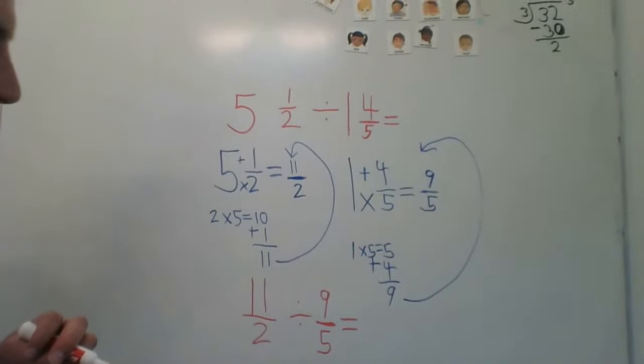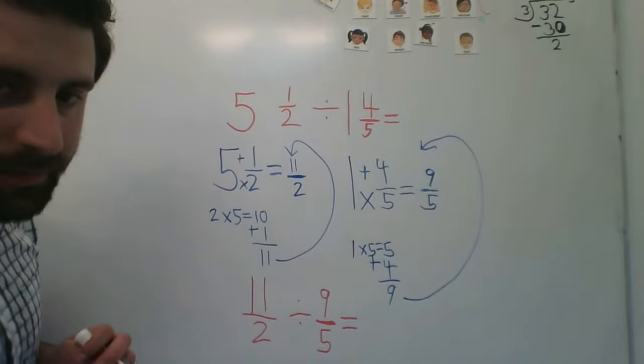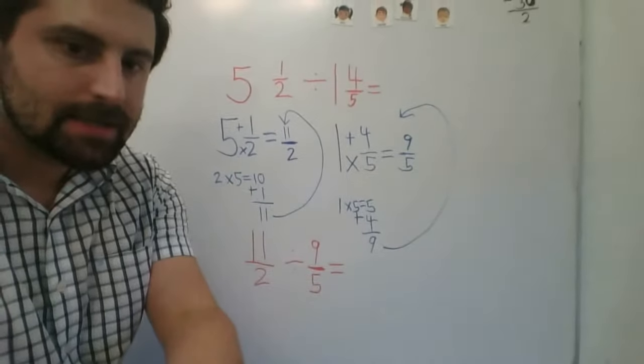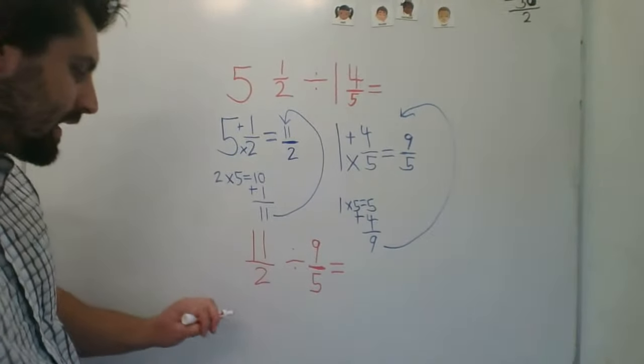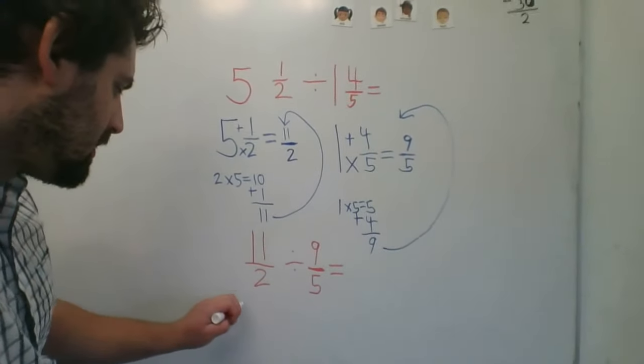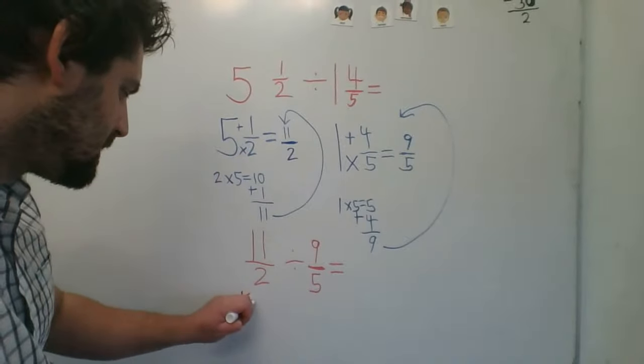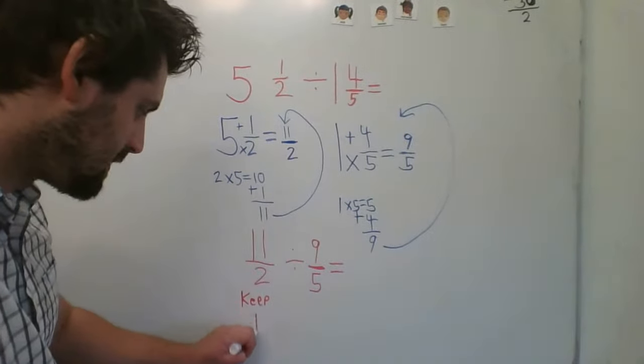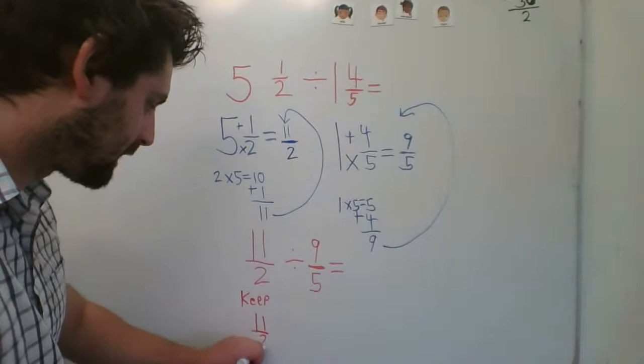All right. So now, keep, change, flip. So we keep the first fraction the same. 11 over 2, that stays the same.